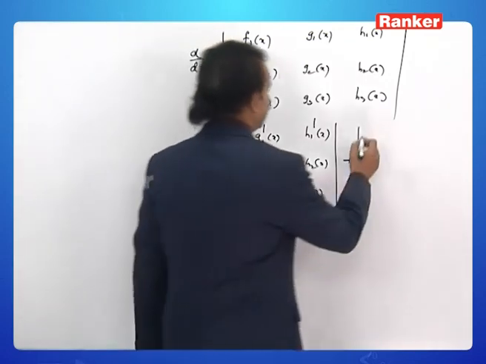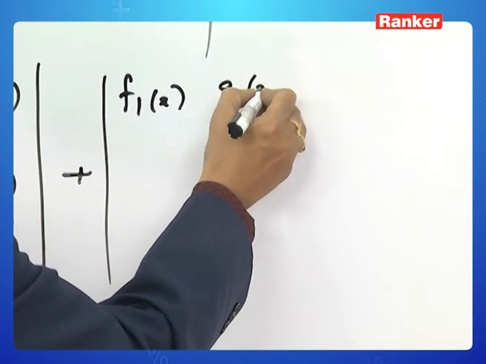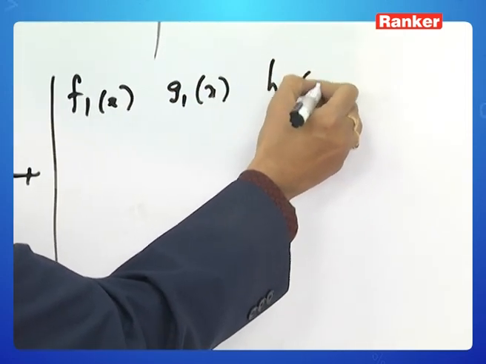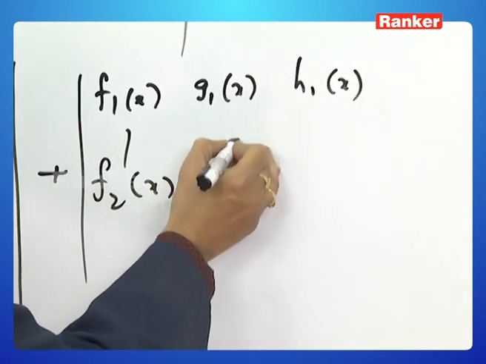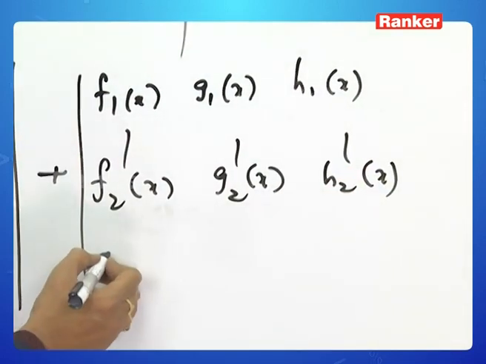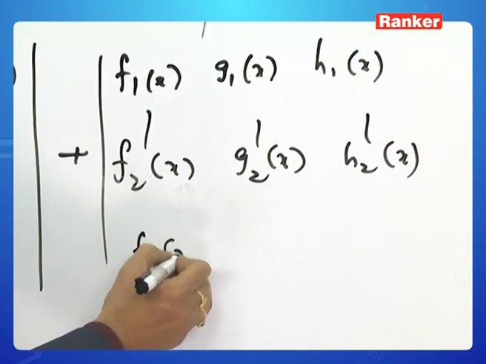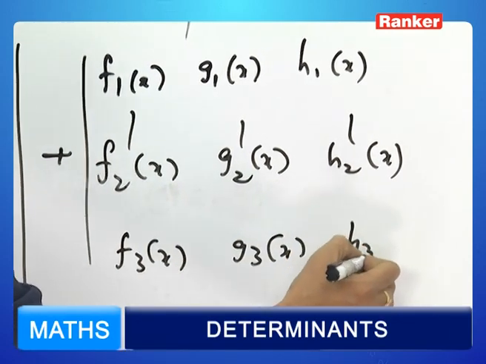Come on, f1 of x, g1 of x, h1 of x, f2 dash x, g2 dash x, h2 dash x, and no question of touching the others. You don't touch them. Let them be as they are.